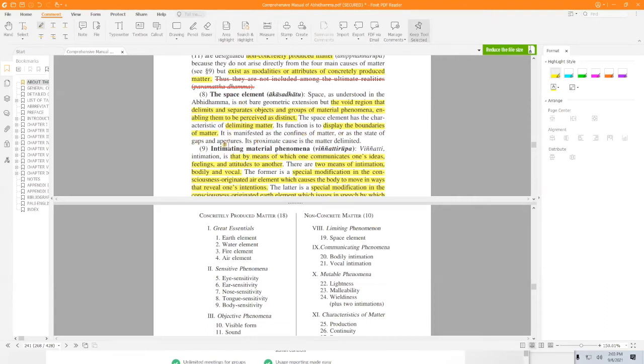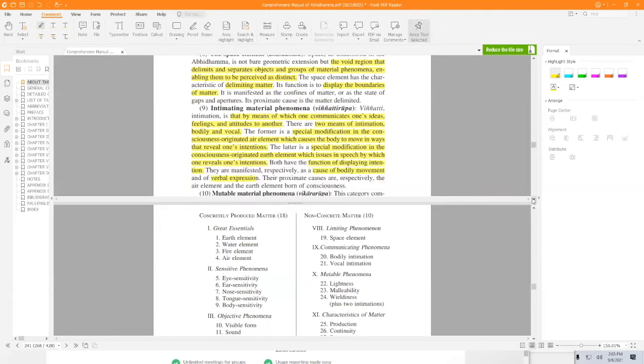Okay, after the space element come two types of material phenomena called, in Pali, vinyati, very difficult to translate into English. So maybe I picked up from other translators the word intimation. In Sanskrit, vijñapti.